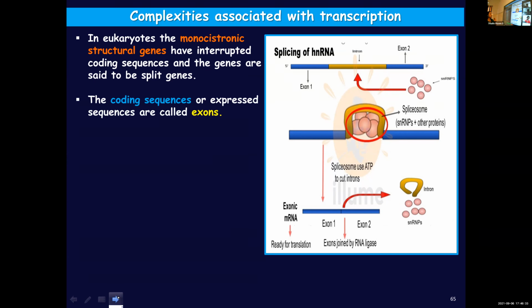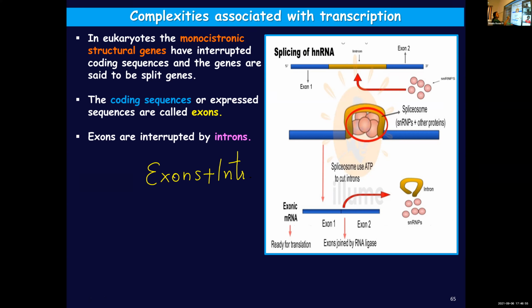The coding sequences or expressed sequences you call as exons. Exons are interrupted by introns. That means monocistronic structural gene consists of exons and introns. Exons are needed and introns are not required.